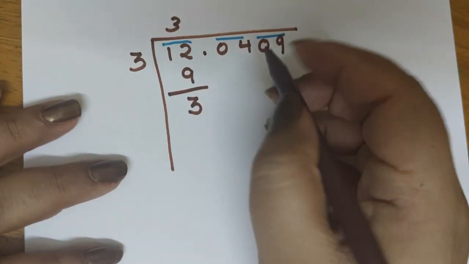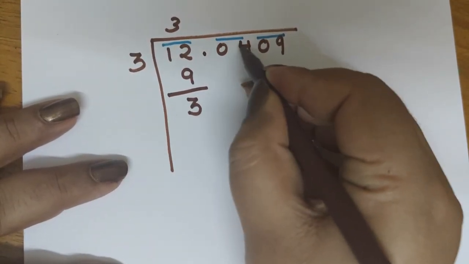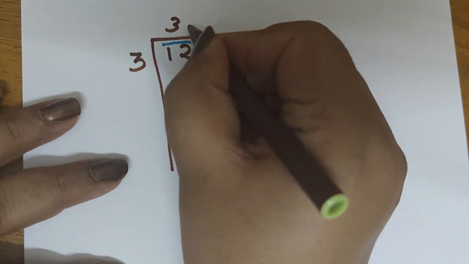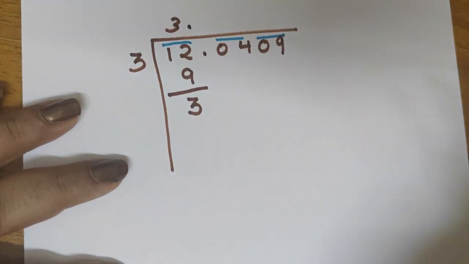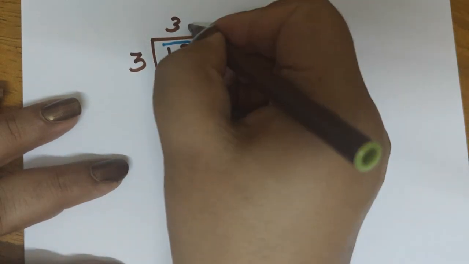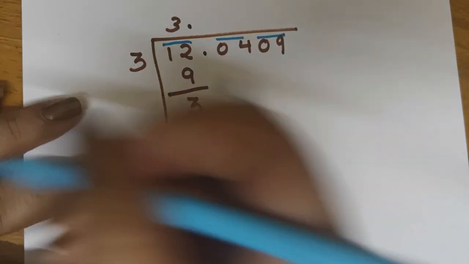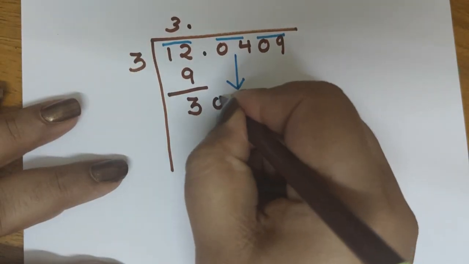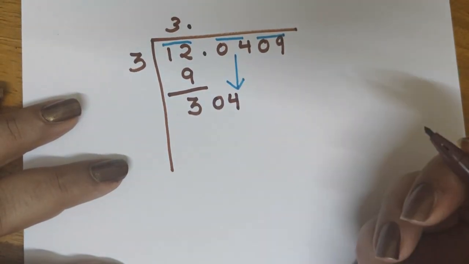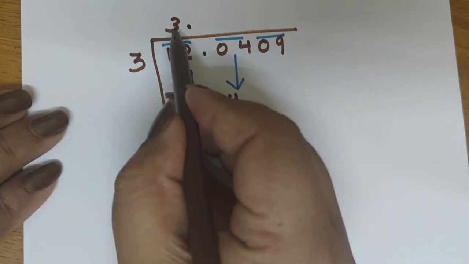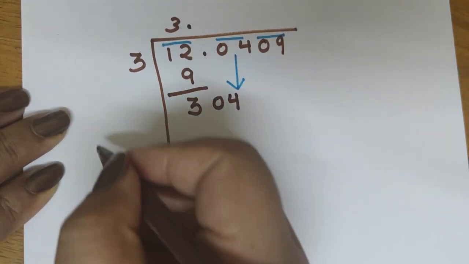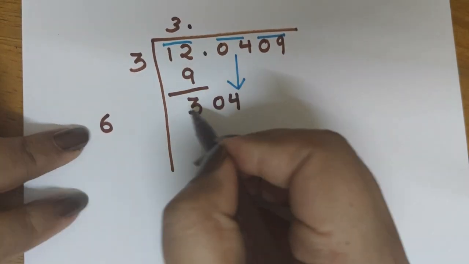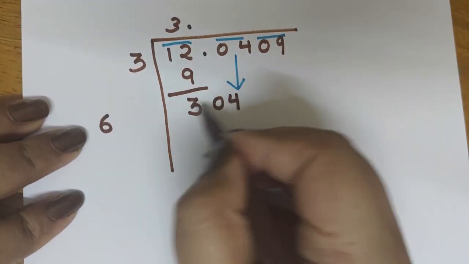Okay, now as we start bringing this pair after decimal down, we have to put this decimal here. Okay, once I have placed decimal here, now I can start bringing these down, and solve it as we were solving the earlier problems. So 3 into 2 will be 6. We have to find a number which is less than or equal to.